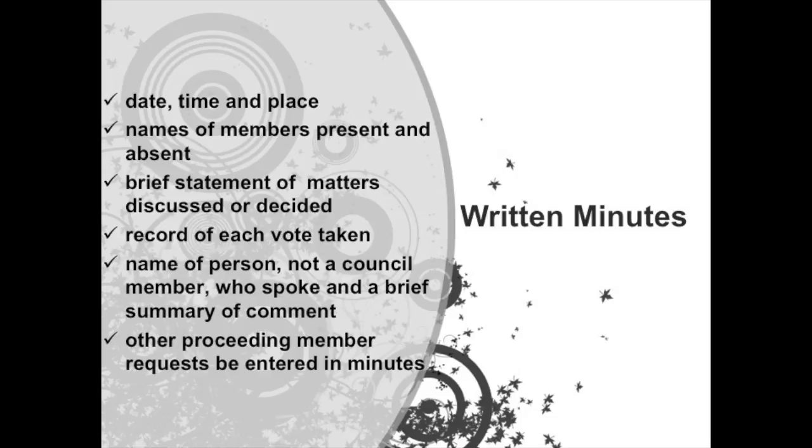Written minutes shall include the date, time, and place of the meeting, the names of the council members present and absent, a brief statement of the matters proposed, discussed, or decided, a record by individual member of each vote taken, the name of each person who is not a council member who was recognized by the presiding council member and presented testimony or comments to the council, and a brief summary of their testimony or comments, and any other information that is a record of the proceedings of the meeting that any council member requests to be entered in the minutes.